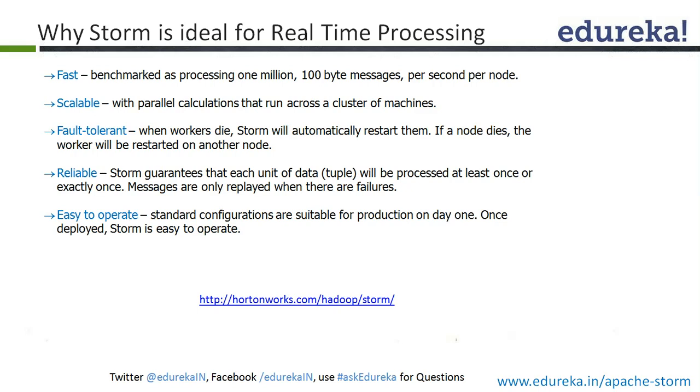Some of the things make Storm really ideal for it. One of the main reasons is that it is fast. You can see the benchmarking itself, right? It is processing around 1,000,100 bytes per message. So you can see how much data can be processed per second per node, which is huge. It is scalable.